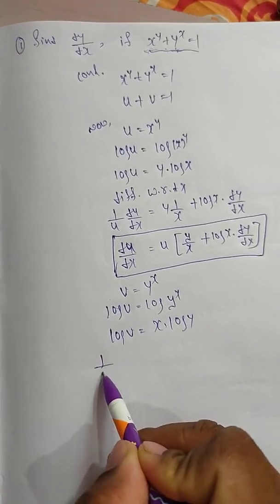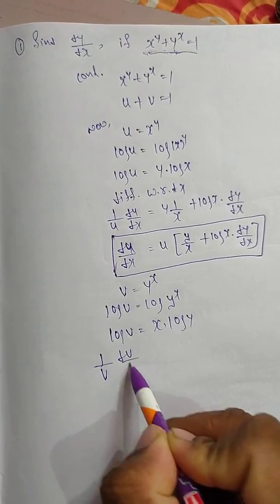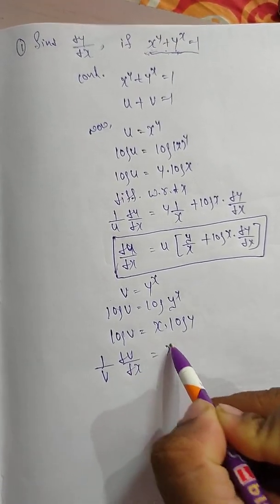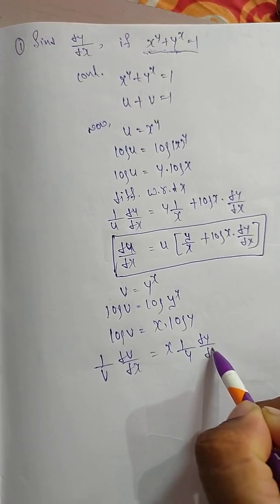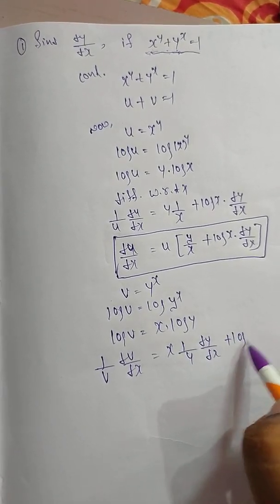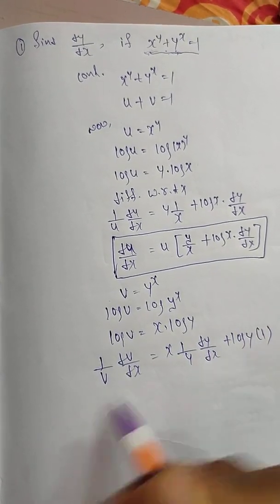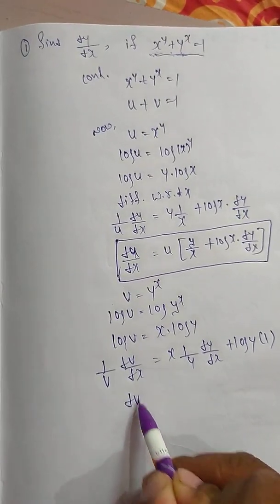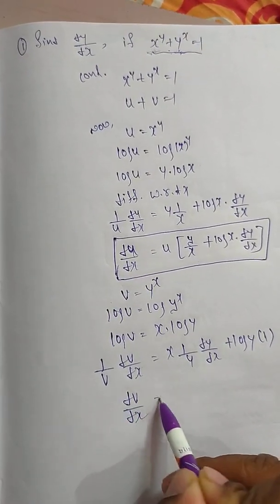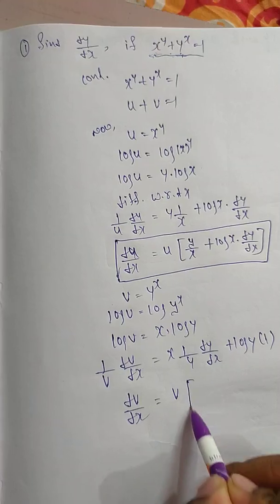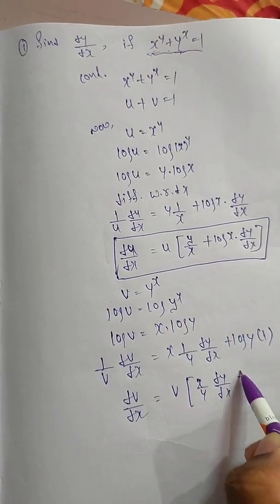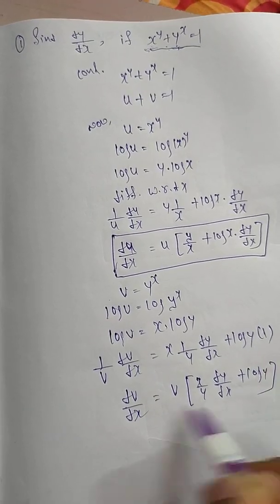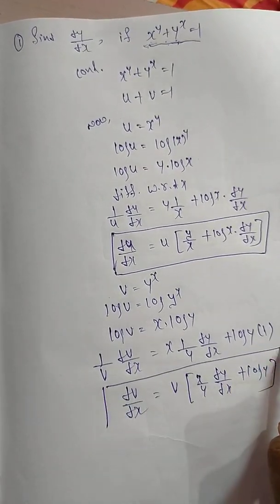The differentiation of log v is 1 by v into dv by dx. Keep x as it is. Differentiation of log y is 1 by y into dy by dx. Now keep log y as it is. The differentiation of x is 1. Cross multiply the v. dv by dx is equal to v into x by y into dy by dx plus log y. This is the answer.